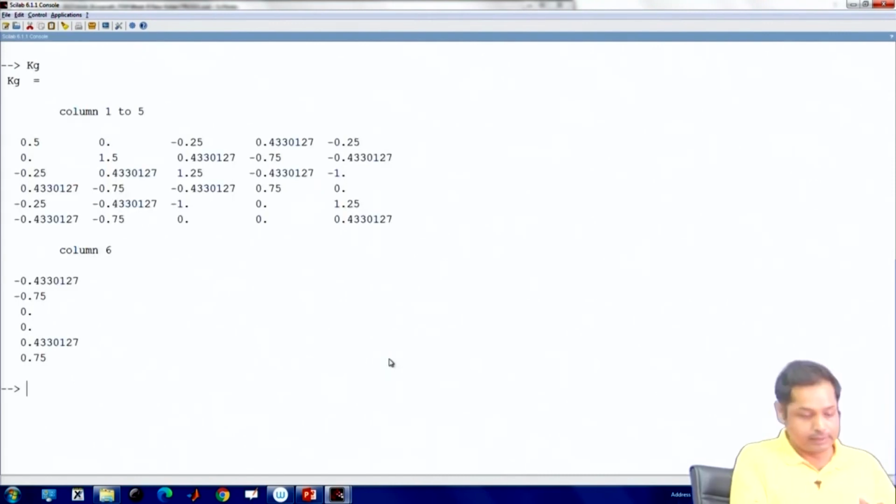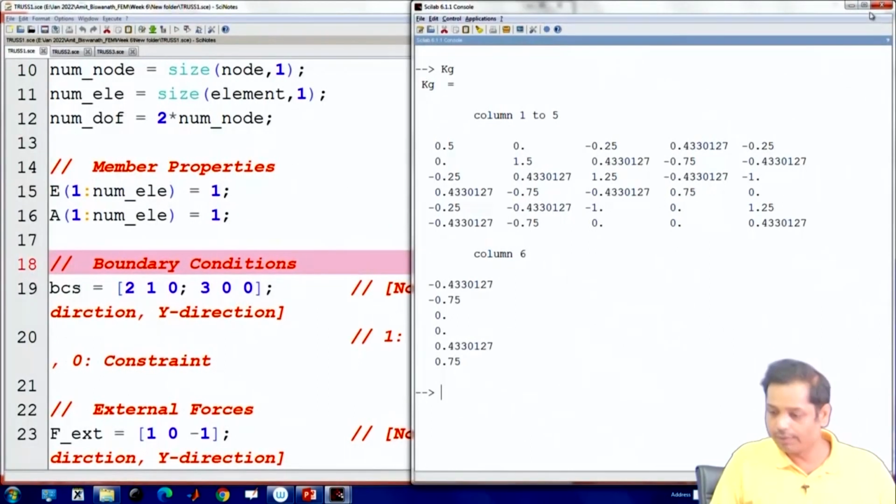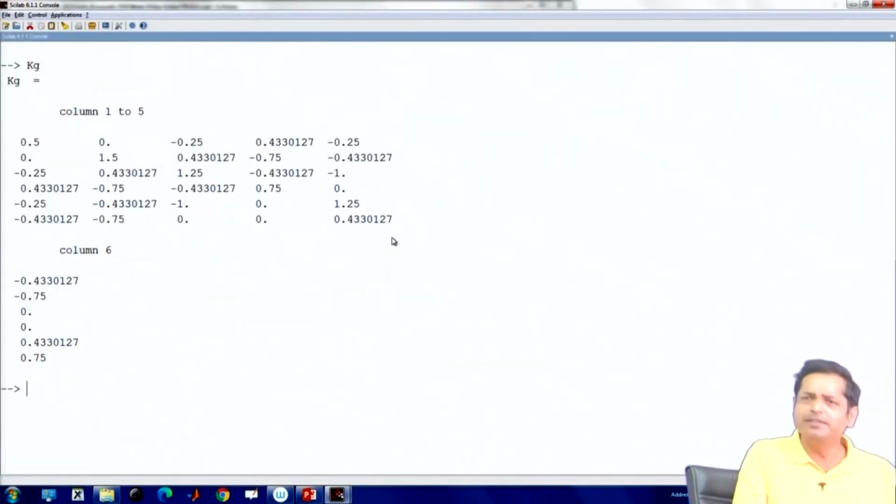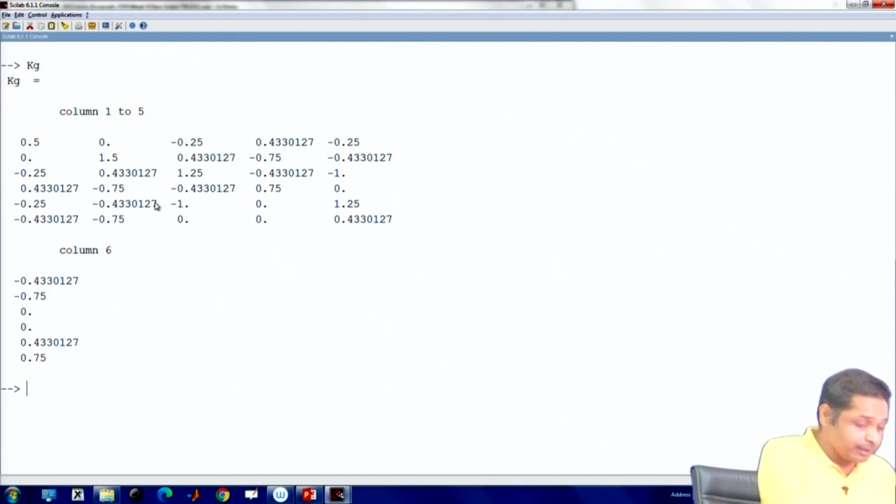Okay, this is our stiffness matrix. Now this stiffness matrix is symmetric. You know that. But then the point is, let's invert the entire stiffness matrix.